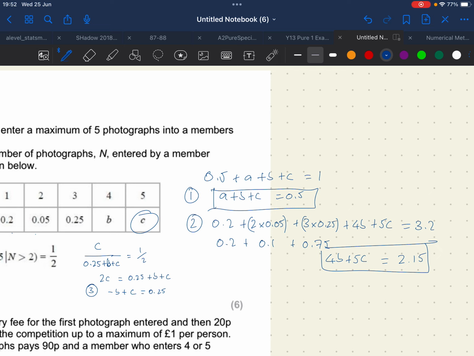Am I looking at the right question? No, I'm not looking at the right question. Yeah, I think these are my equations. So I've got an A value, where is it?